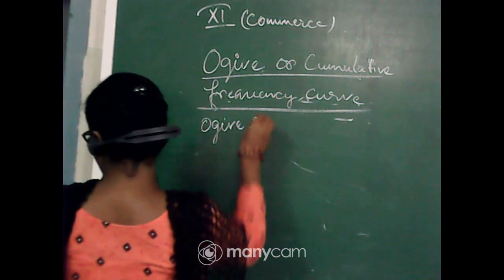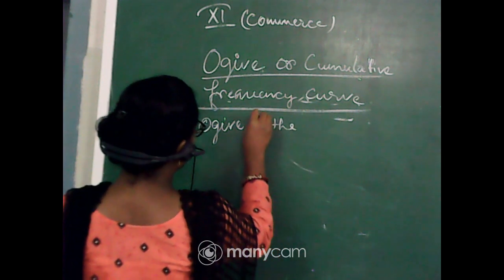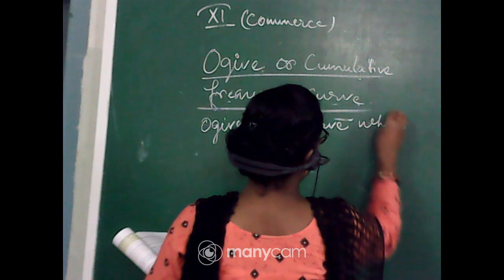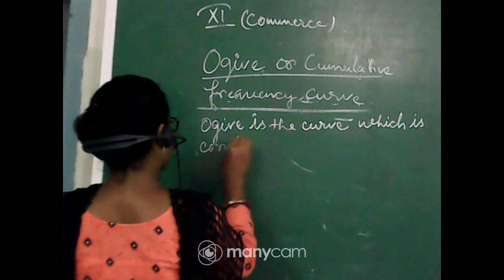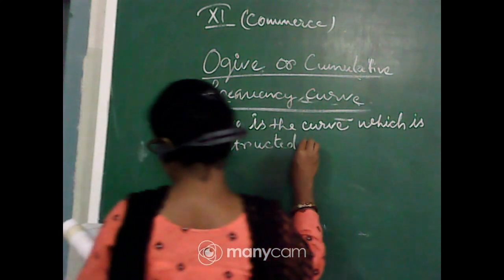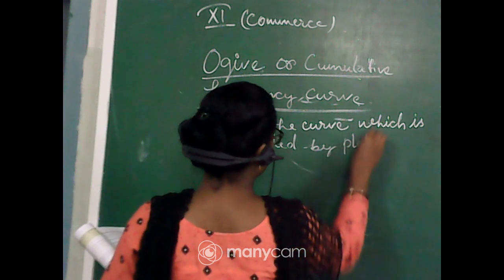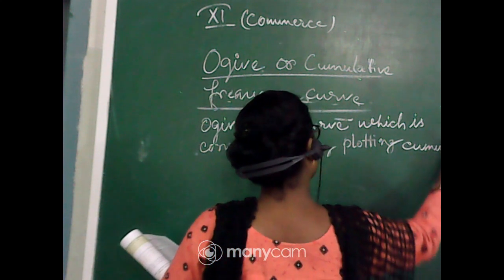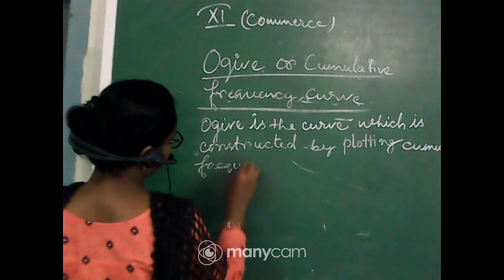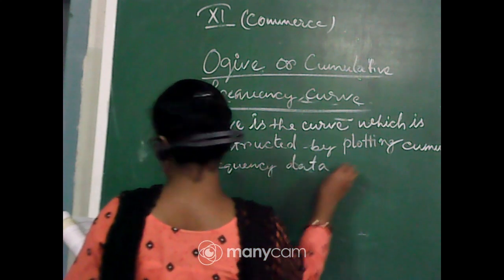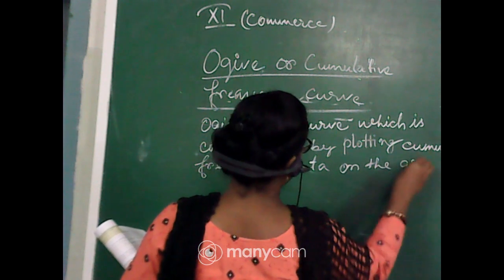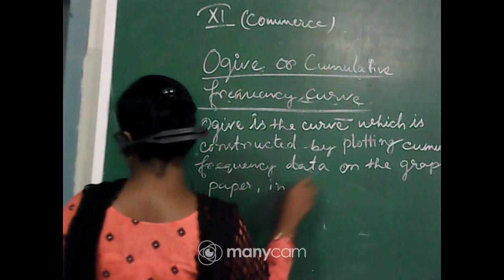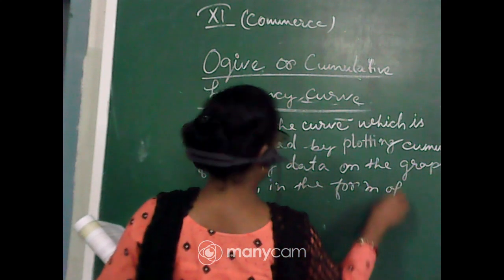Ogive is the curve which is constructed by plotting cumulative frequency data on the graph paper in the form of a smooth curve.